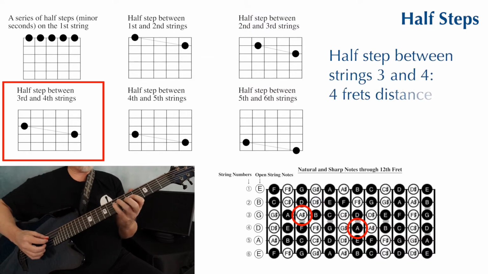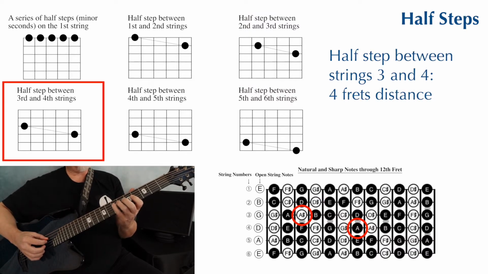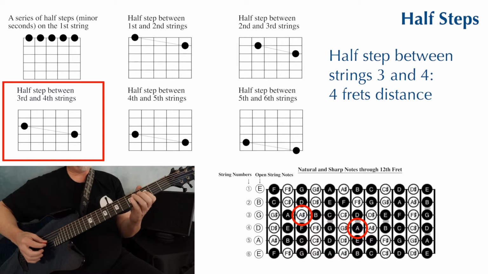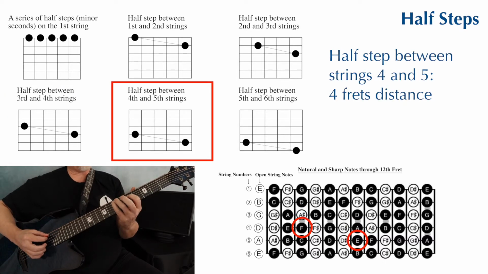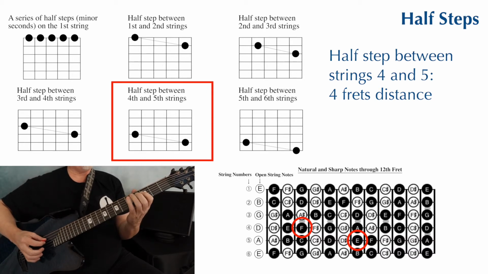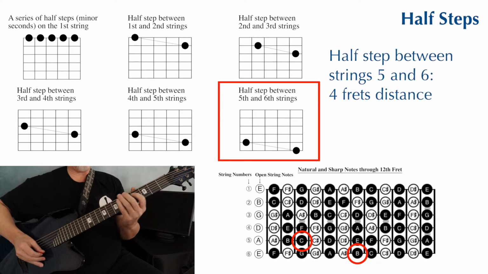A half step between the third and fourth strings is 4 frets apart. Half step between strings 4 and 5 is also 4 frets distance. And a half step between strings 5 and 6 is 4 frets.